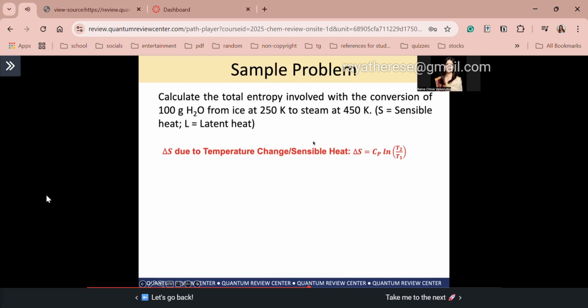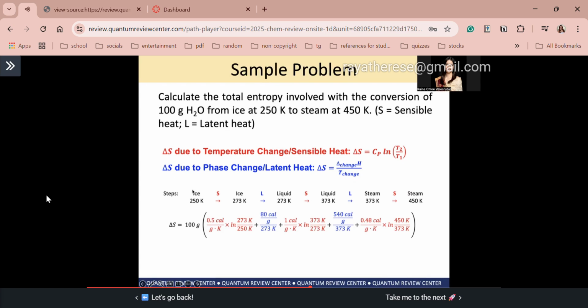Again, sensible heat is absorbed. Next, delta S due to the phase change or latent heat. Here, latent heat is absorbed. So the delta S due to the phase change is equal to delta H divided by T. So let's try to solve. Guys, step by step natin ito ulit gagawin, para mas magets natin.